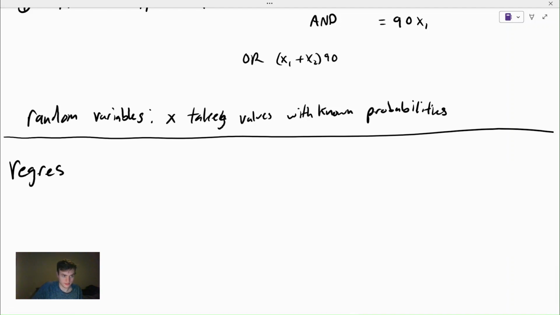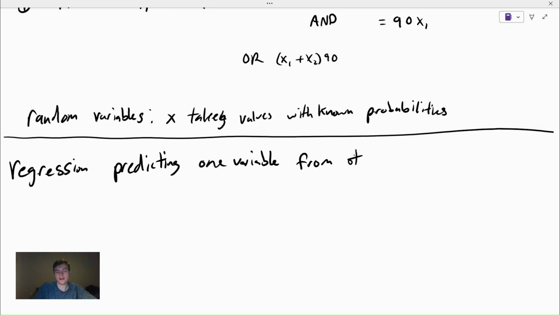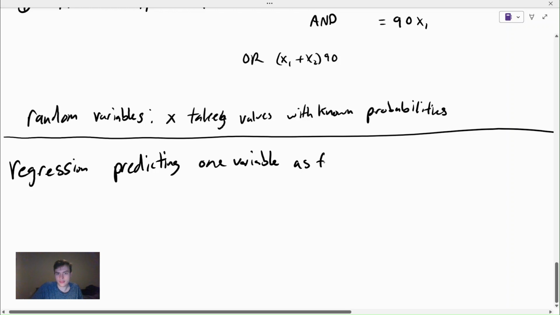One is regression, right? So in regression, we're predicting one variable from other variables or as a function of other variables. For example, we have y, or just generally y equals f of x1, x2, dot, dot, dot, xp.